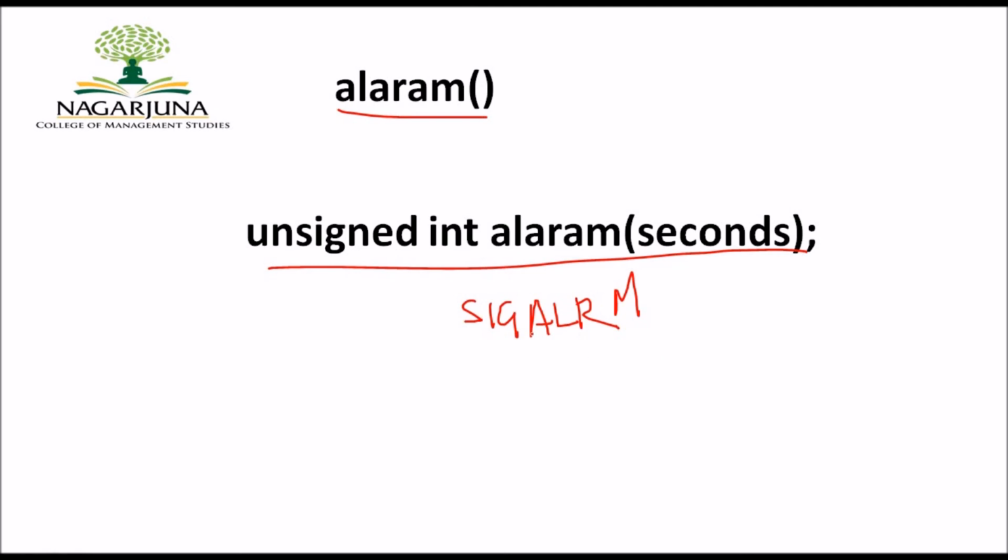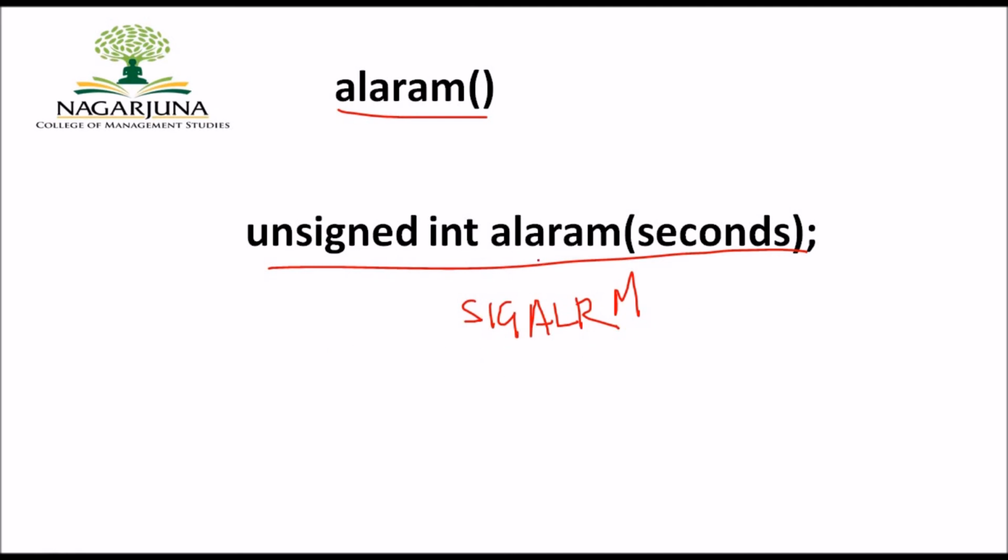So it's very simple: an alarm goes off by sending a signal called SIGALRM, which is sent to a calling process. If it is a parent process, it has to wait until a child process completes its operation, or if the child process has already been terminated, then it starts executing its process.